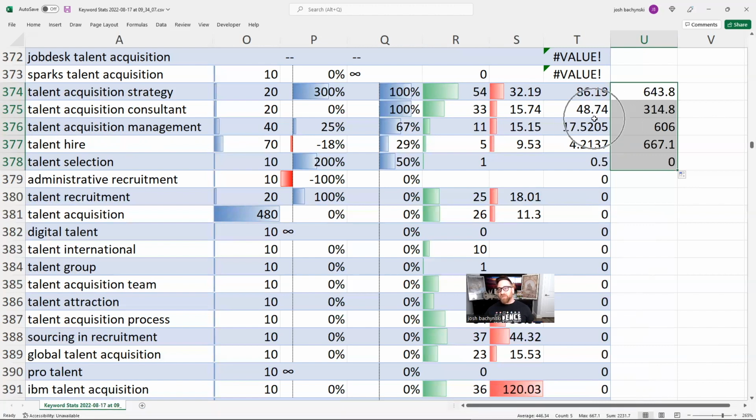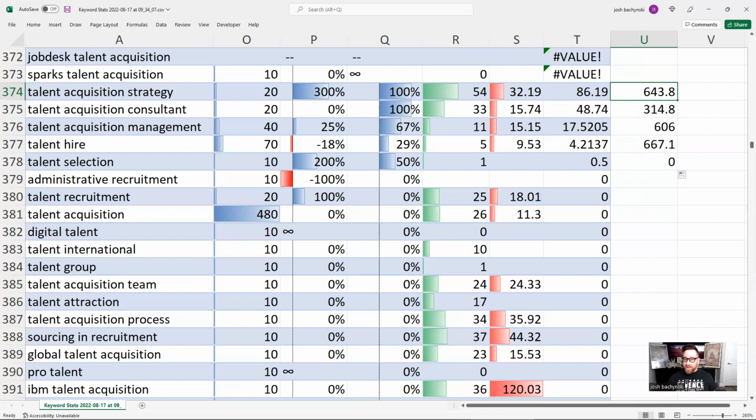Just looking at the base value of what people are willing to bid on AdWords for that, the CPC top end of it. So that's quite impressive. You can say, look at that, there's $2,231 there per month in base value.